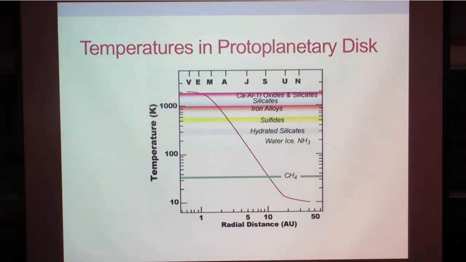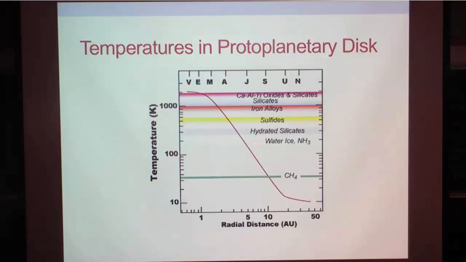Now, there's good reason to understand why volatility would be important. This is a plot, I think, from Alan Boss, about predicted temperatures as a function of radial distance in the solar nebula, the protoplanetary disk. Up around the orbit of Earth, we're reaching quite high temperatures, enough to evaporate even the most refractory things.